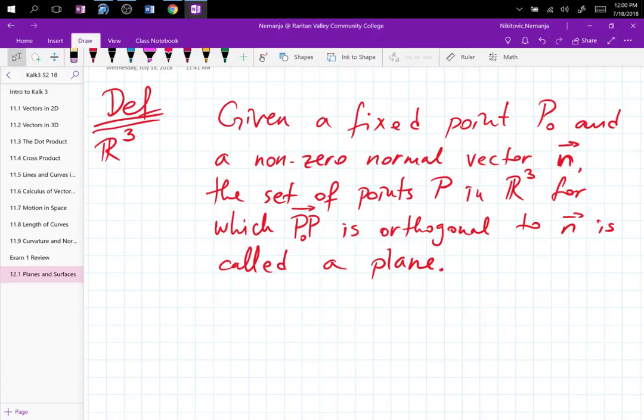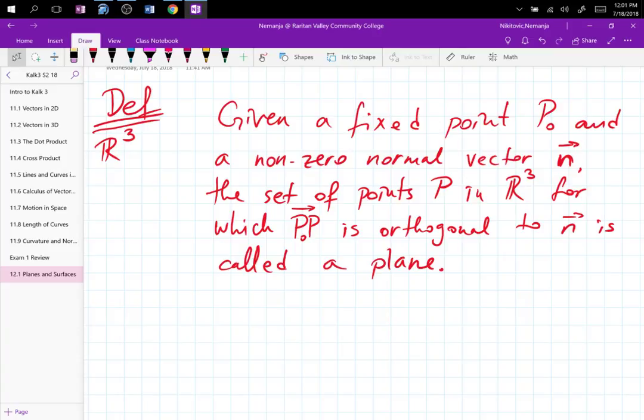So they can take on any values. However, only the points P which have coordinates such that the vector P0P that is in the plane is perpendicular, orthogonal, to the normal vector n, the black marker here, all of those points would give us a plane. No matter how far they are, they constitute a plane. So that's the way to describe this.